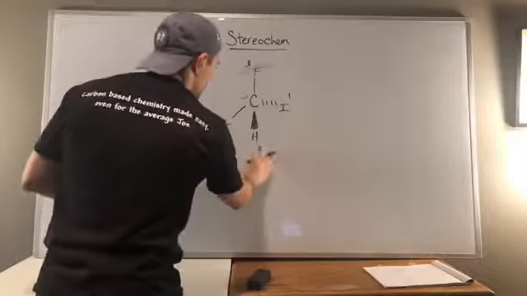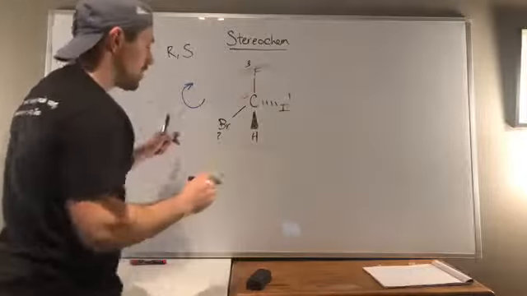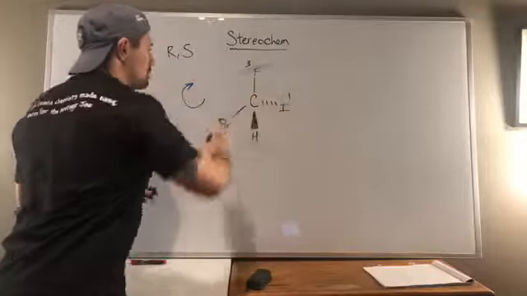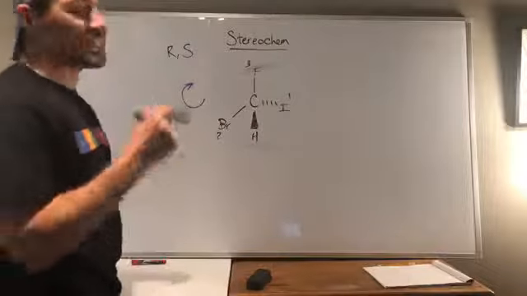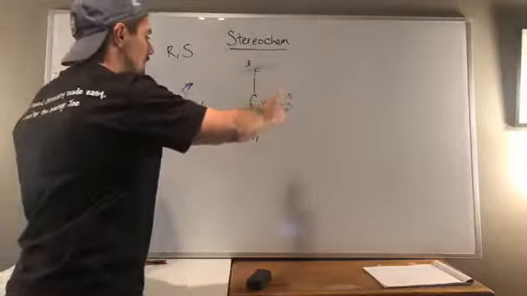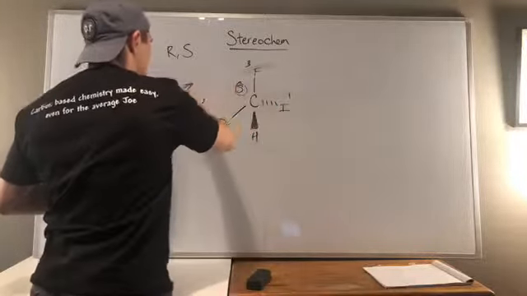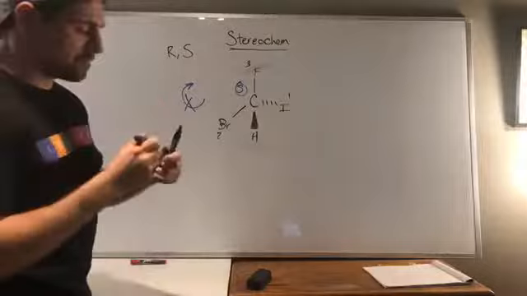So you always go in the direction of the 1, 2, 3, which is going to be this way. So it looks like R, but remember what I just said. The lowest priority group is actually facing at us. That's against our convention. It's just the exact opposite of our convention. So we can say it looks like R, but it's actually S because the lowest priority group is facing at us.